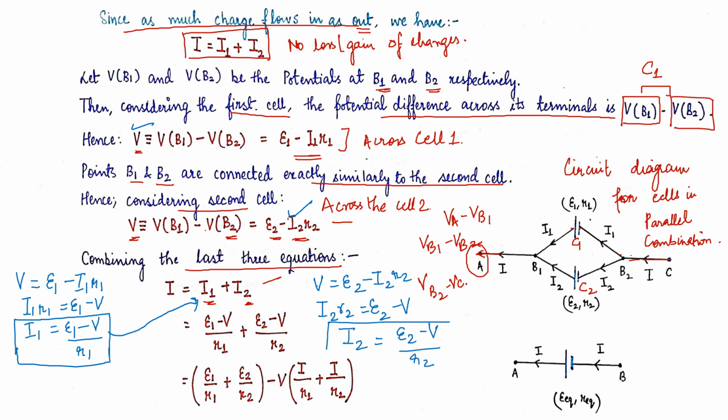This is entered here in place of I2. Then we have taken out the similar terms and we get this formula. The total current through the circuit is given by I equals epsilon 1 upon R1 plus epsilon 2 upon R2 minus V into (1 upon R1 plus 1 upon R2).